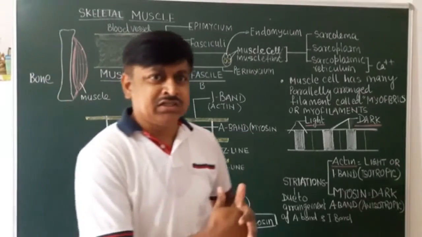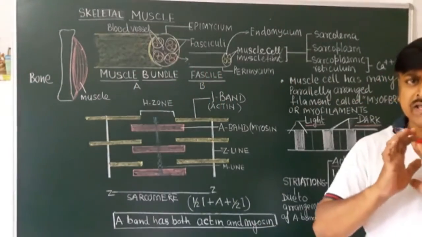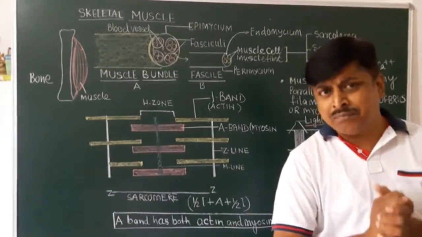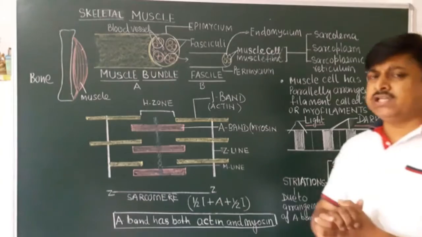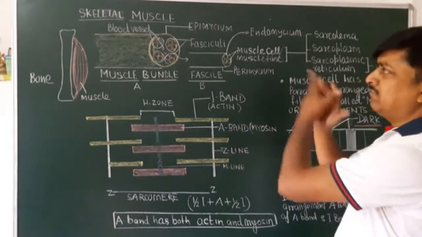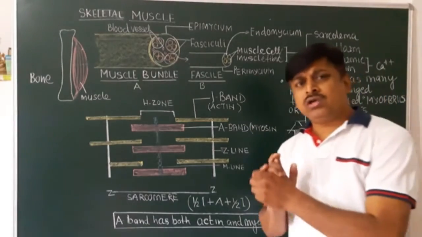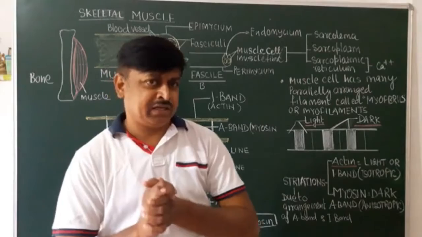Clear, student? In the last video I already explained the three types of muscles, and now today's topic is totally based on the structure of the striated muscles. आज हम लोग इस वीडियो में striated muscles के बारे में डिटेल में पढ़ेंगे.